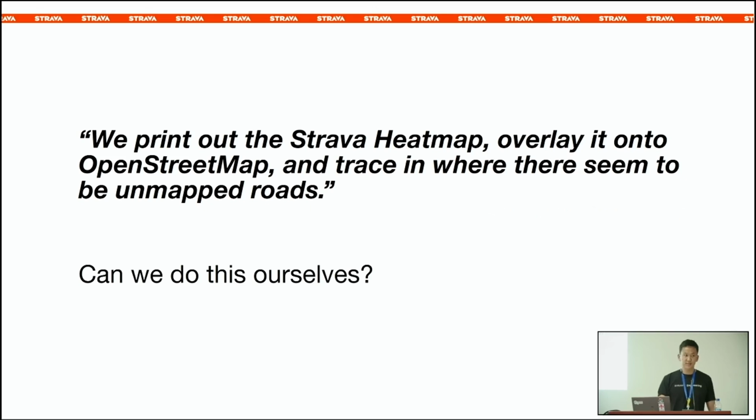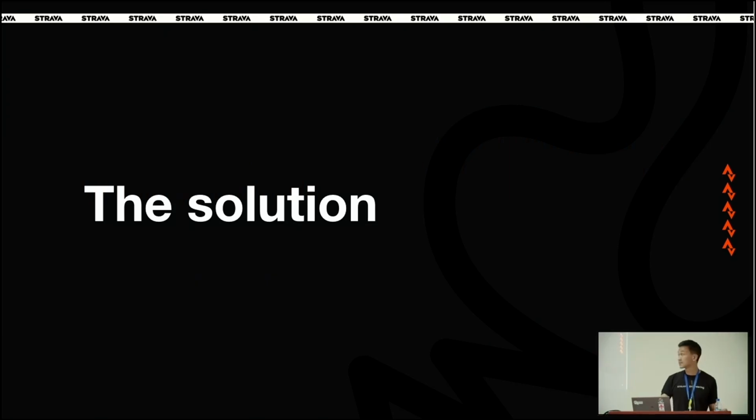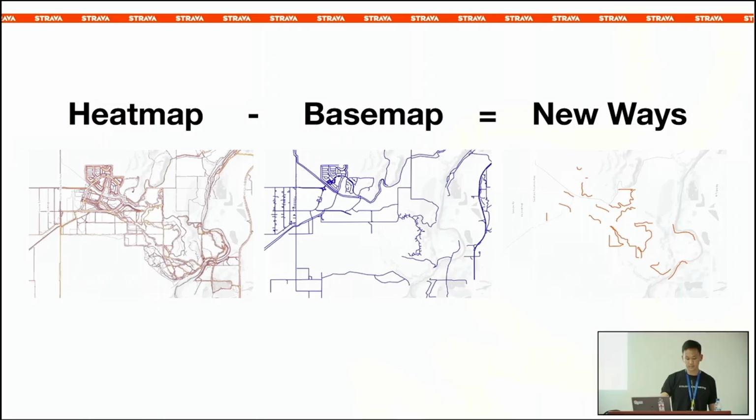So the natural question is, can we do this ourselves? There is a solution to this, and I'm here to talk about that. The solution is actually pretty simple to do programmatically.